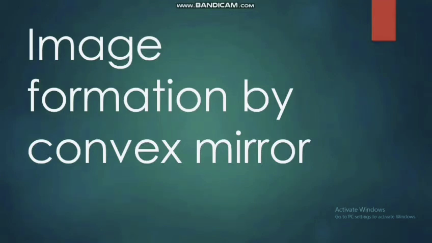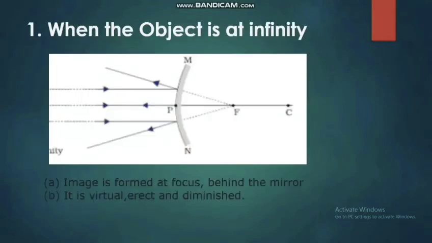That's why they are supposed to meet behind the mirror. Since they meet behind the mirror, it is considered a virtual image, and this focus is our image. So the image is formed at the focus behind the mirror, and it is virtual. Since it is virtual, it will always be erect, and diminished because it is pointwise.